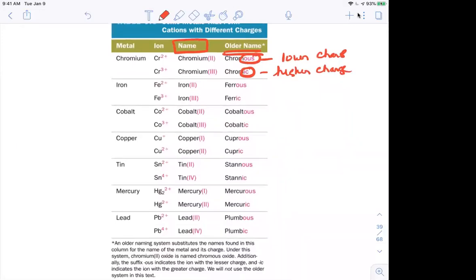You have to know that the higher charge is chromium 3+, which gives us the chromic ion. With our system using the Roman numerals, I don't have to know that. Whatever the charge is, it is designated specifically with the parentheses and the Roman numeral in front of it. So this causes a lot less confusion.